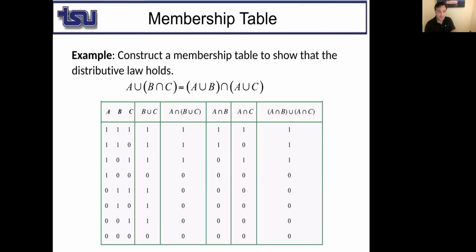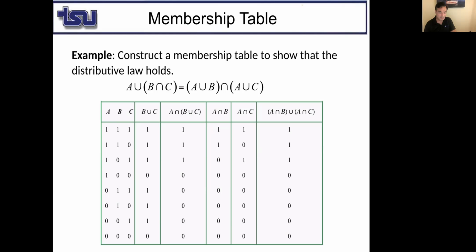For example, an element may belong to A, B, and C. An element may belong to both or three of those sets, or an element may belong to only A and B, but not C. An element may belong to A and C, but not B, and so on. Since we have three sets, there are 8 possibilities. Why? 2 to the 3 is 8. That means we can have an element that belongs to all of the sets, or an element that does not belong to any of the sets, and anything between, okay?